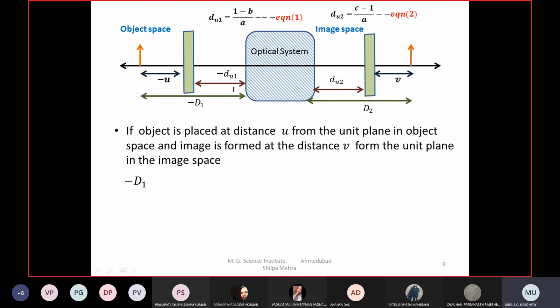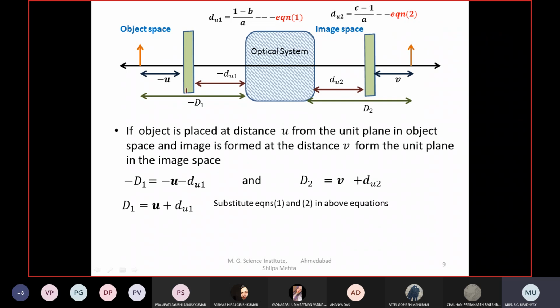So from the geometry of the figure, minus d1 is the summation of minus u minus du1, and similarly d2 is equal to v plus du2. This equation is multiplied by minus 1, and we get d1 equal to u plus du1.